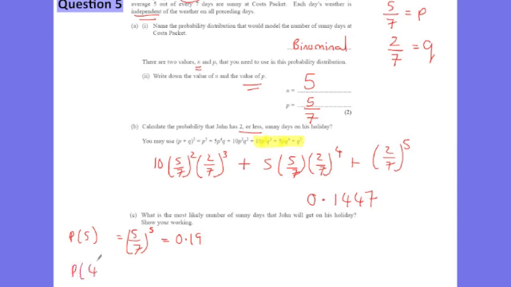The probability of getting 4 days is the next part of the binomial expansion, 0.37. The probability of getting 3 days of sun on the holiday is 0.3.